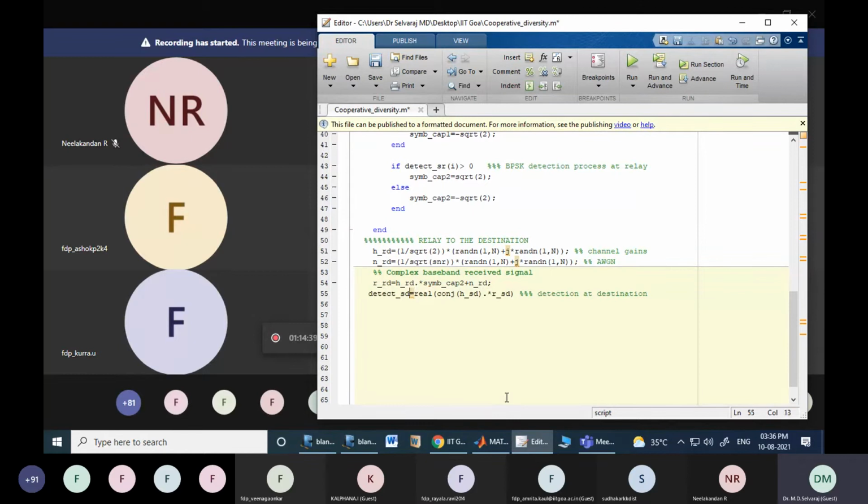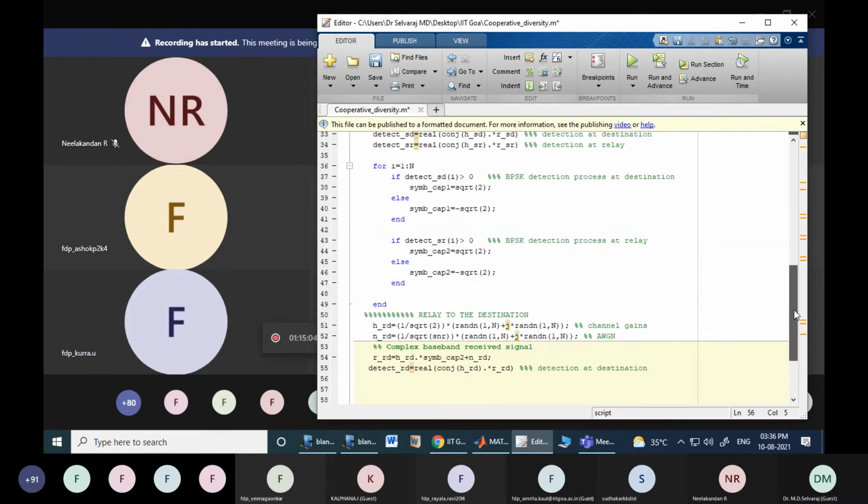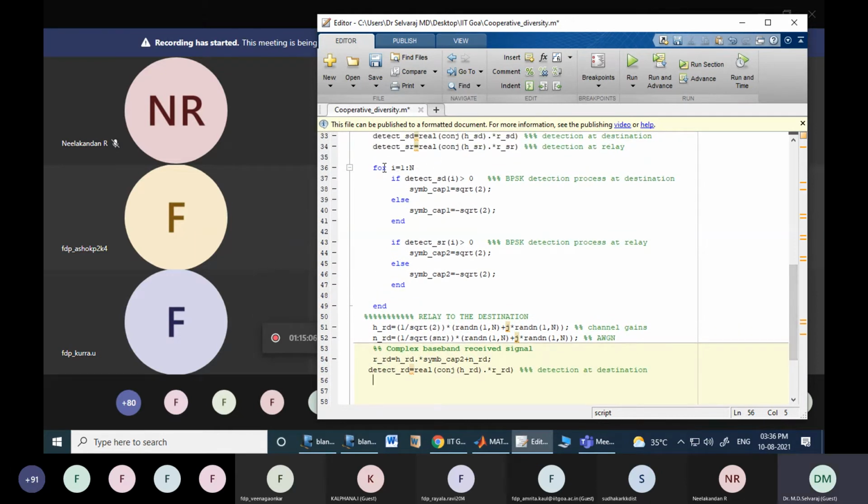So this is conjugate HRD and then RRT. So we detect the symbol. After that, after detection, we have to again regenerate this part.